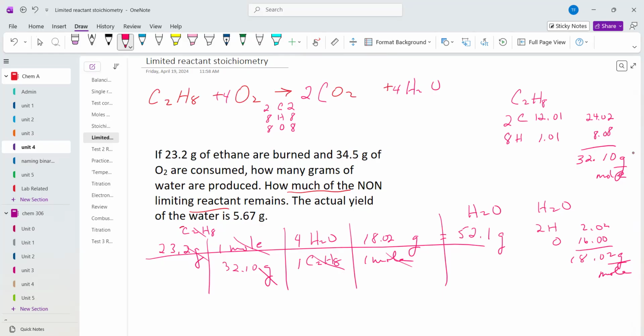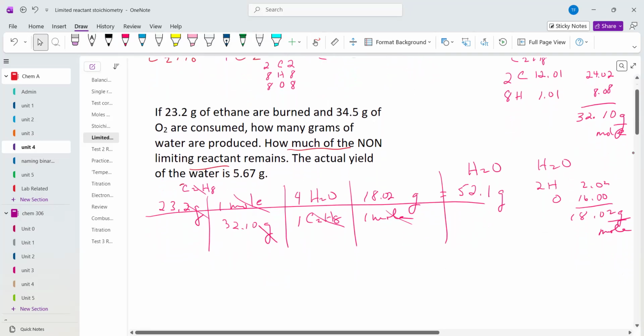Then we're going to do the same thing with the other given. And then we're going to compare the two amounts. Okay, so we're going to do the same thing with the 34 now.